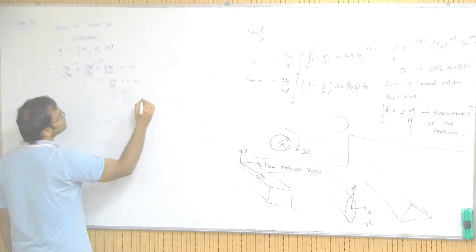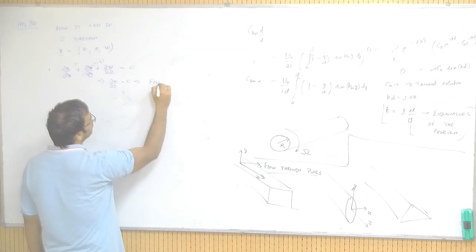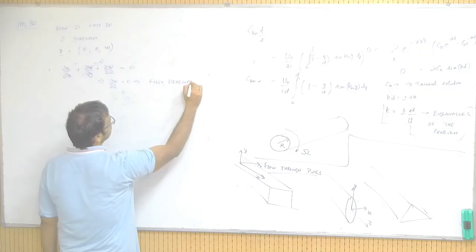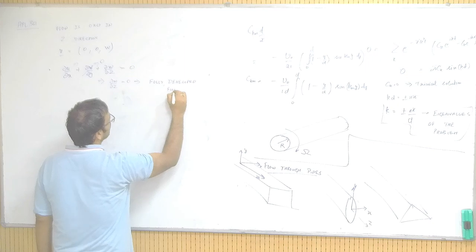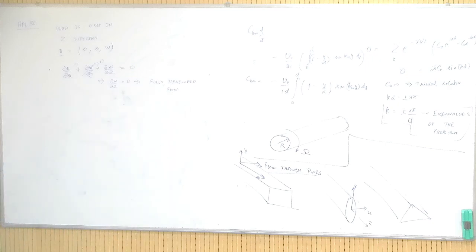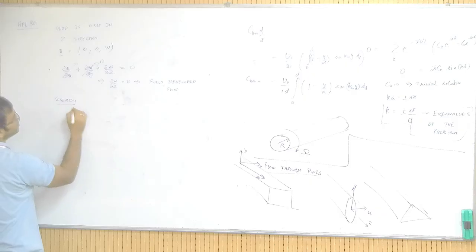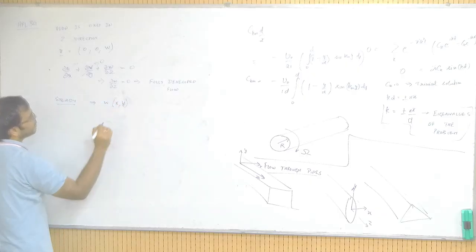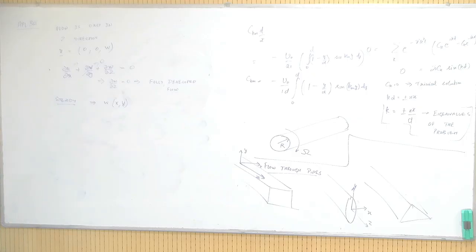This means it is a fully developed flow. We are also looking at steady flow. So that means w is just a function of x and y.